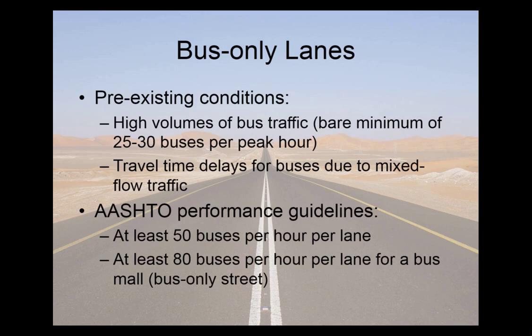According to AASHTO, bus-only lanes should carry at least 50 buses per hour per lane, but again, that number is variable. And on a different type of bus lane called a bus mall, a street which only carries buses, there should be at least 80 buses per peak hour per lane.